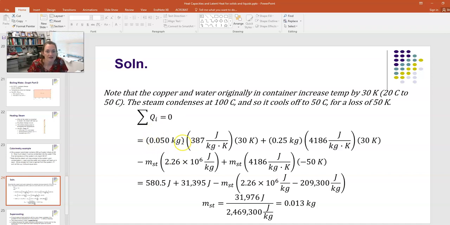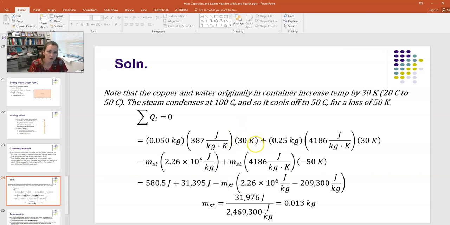So we have the copper calorimeter first, okay? The mass of the copper calorimeter was 50 grams or 0.05 kilograms. Using one of those tables that I showed you earlier, you can look up the heat capacity of copper. The heat capacity of copper is 387 joules per kilogram per Kelvin. Okay? And then you write the temperature change that the copper goes through.